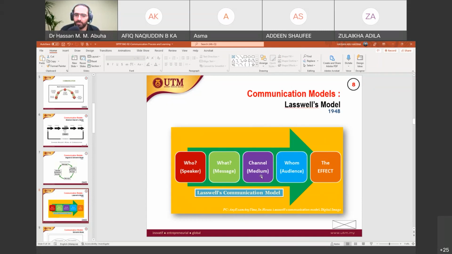If you are meeting with the students face to face, the channel or the medium of communication is face to face verbal communication plus the LCD plus the PowerPoint slides.